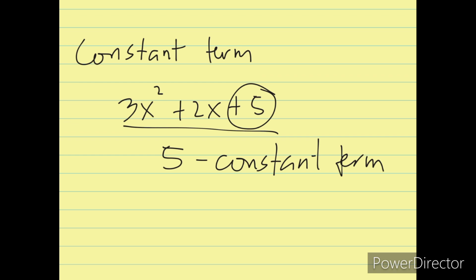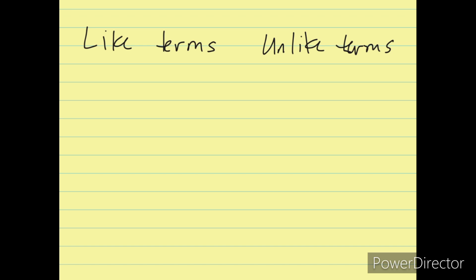Next, in an algebraic expression, we have what we call like terms and unlike terms. What are like terms? Like terms are terms with the same variable and the same exponent.